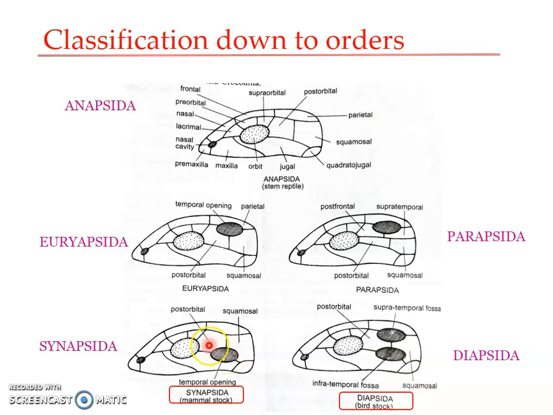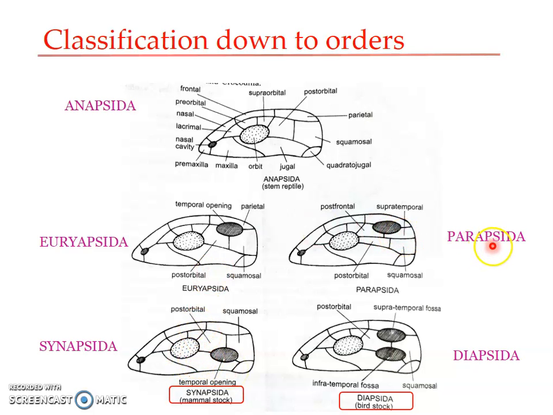And you can see it is bounded by squamosal, postorbital, and the jugal bone on the lower side. So instead of the parietal, squamosal and postorbital bones surrounding the temporal fossa as in Euryapsida, here in Synapsida it is surrounded by squamosal, postorbital, and the jugal bone. Okay, so that is Synapsida and Euryapsida.